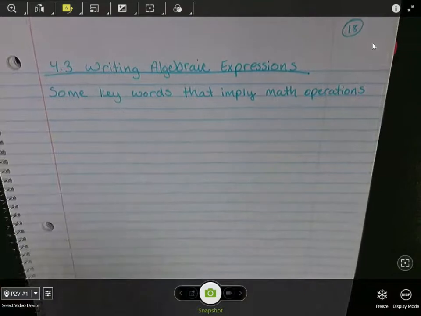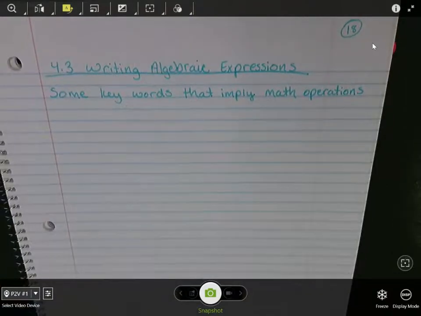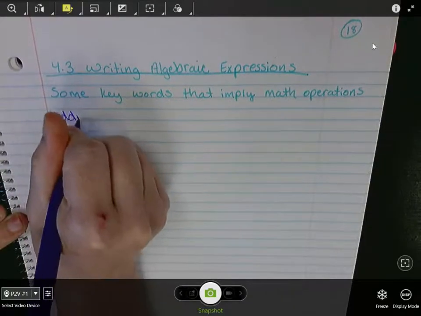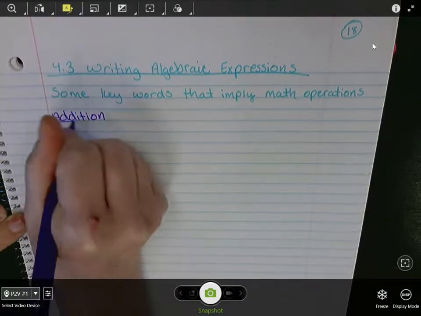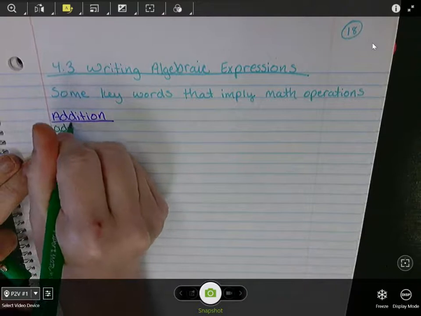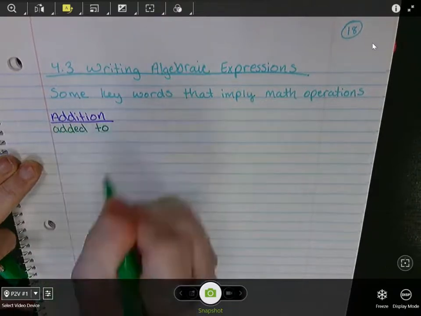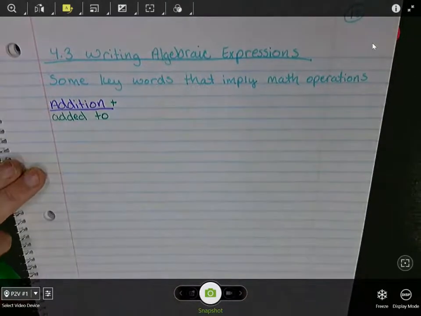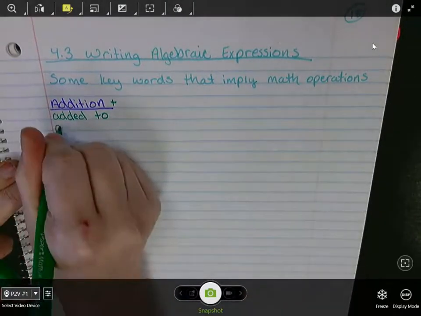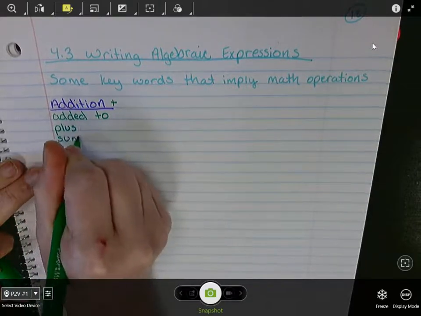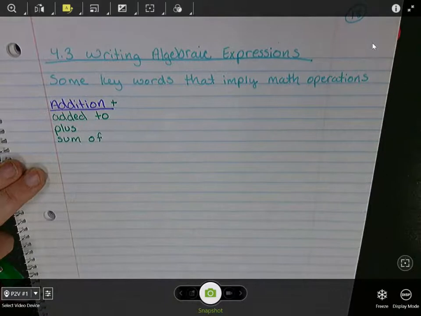All right, so here are some keywords that imply addition. Whenever you see these keywords, it means that you need to add. One of the keywords is added to. So if you see the phrase added to, that means you're going to be adding. Another word that you could see is the word plus. Also, if you see sum of or just sum, that means to add.